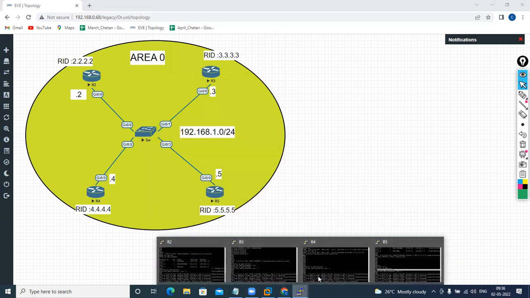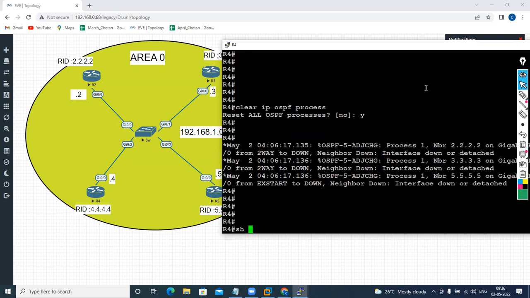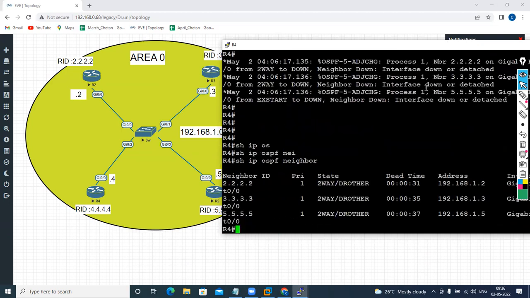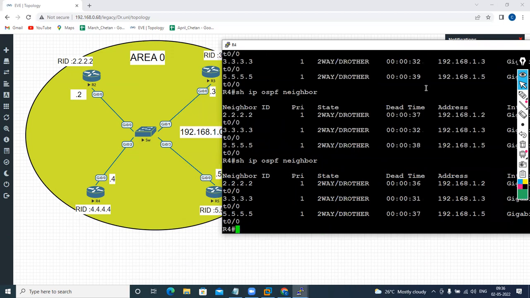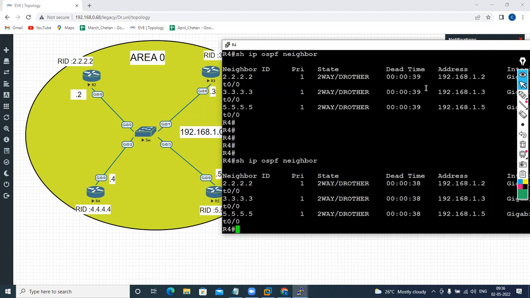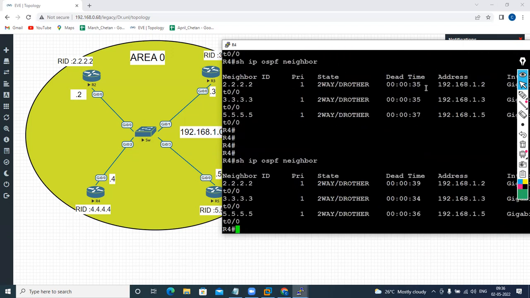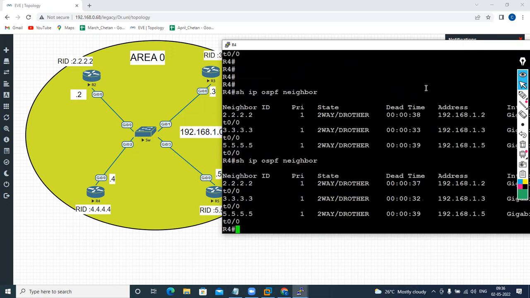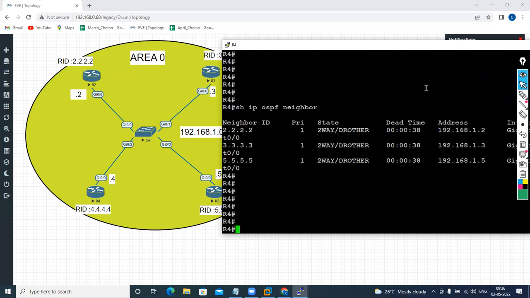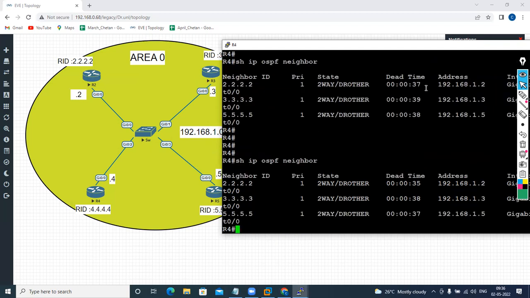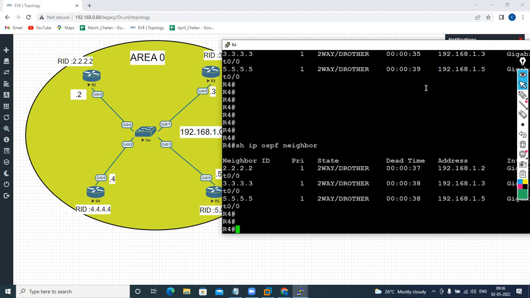Just wait. Show IP OSPF neighbor. With DR other, the state is two-way, not with the DR and the BDR. Wait, the election is happening.